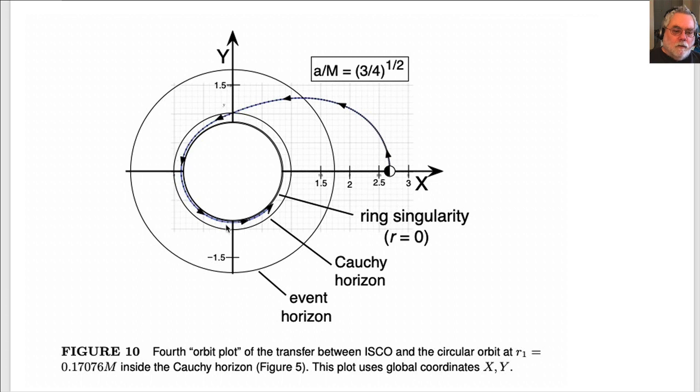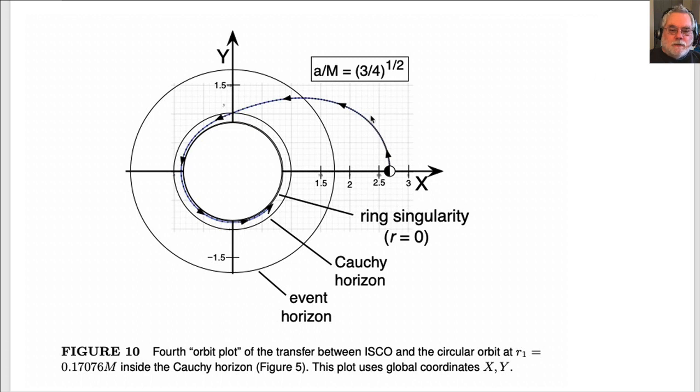And then a course correction is made, and we end up in an unstable circular orbit inside the inner event horizon, inside the Cauchy horizon. So we might be able to end up in an unstable orbit extremely close to the singularity ring.